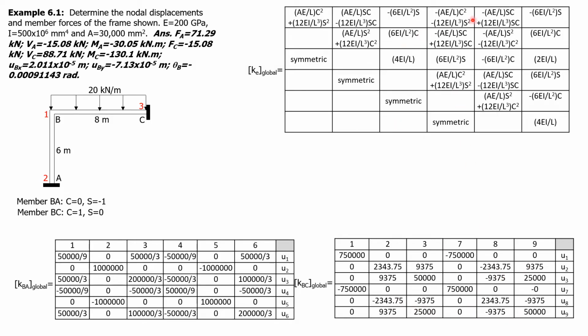You just evaluate the entries here, the upper right triangular matrix, then copy in the lower triangular matrix. So these are the stiffnesses, the global stiffness matrix for each member, BA and BC.